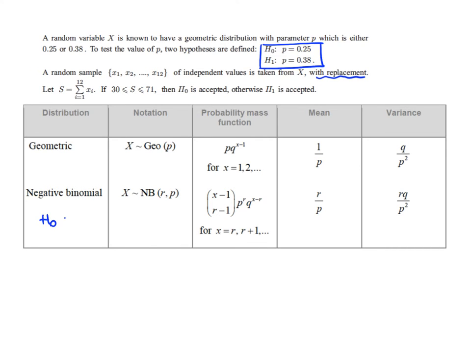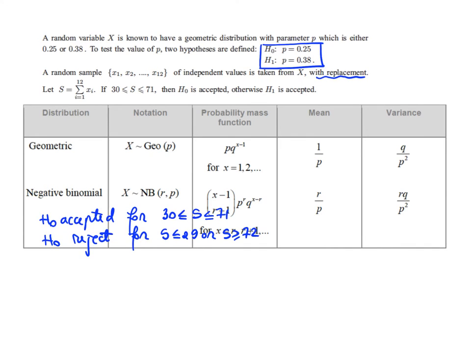Accept H0 for S between 30 and 71. Reject H0 outside, so that's the critical region: for S smaller or equal than 29 or S bigger or equal than 72. So that's my answer for question A.